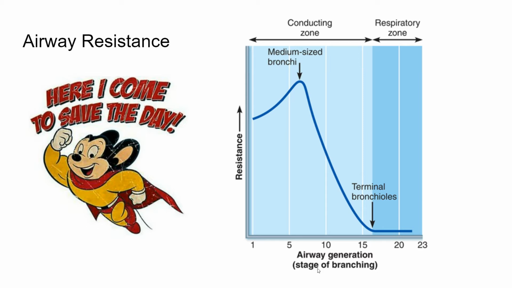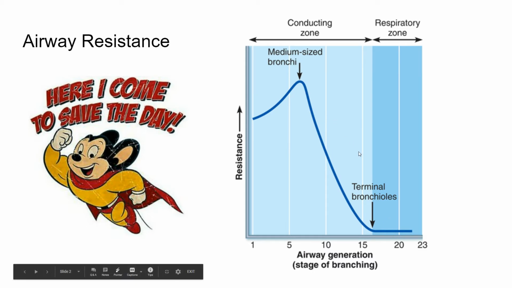However, resistance in the airway is typically insignificant as long as there's nothing wrong, because the diameters of the first parts of the conducting zone are just really big comparatively to the terminal bronchioles, and you can kind of see here.